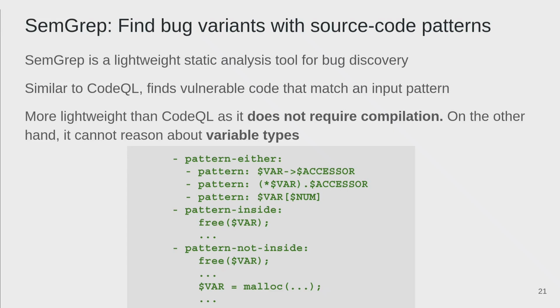Think of it as a dependent grep, where you're running multiple grep queries one after the other to ensure some kind of dependencies. It's more lightweight than CodeQL, as it does not require compilation, but it cannot reason about variable types. So it's lightweight, but less precise, which means that the underlying patterns need to be more precise for it to actually work.